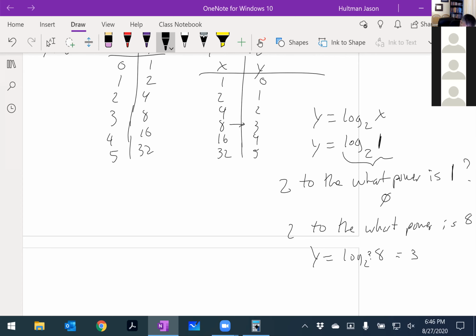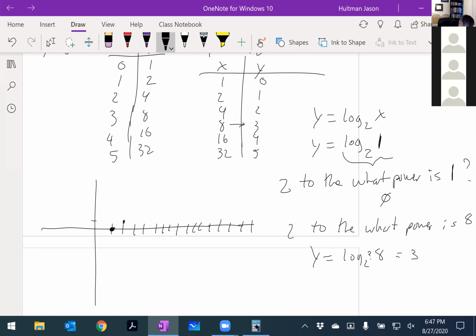If I were to plot these points, when x is 1, when x is 2, when x is 4, when x is 8, I'm not going to go all the way up to 16. When x is 1, y is 0, so that's right there. When x is 2, y is 1.